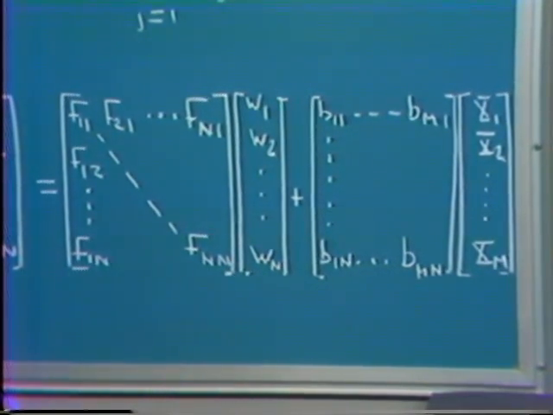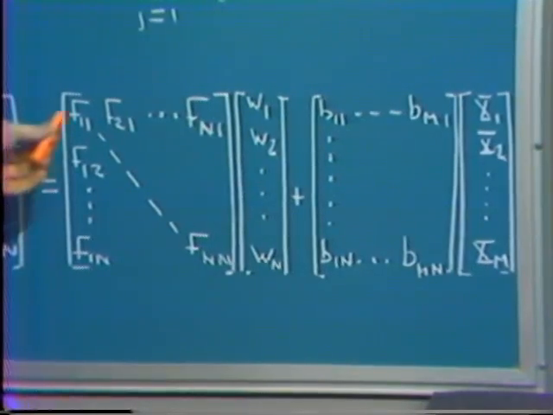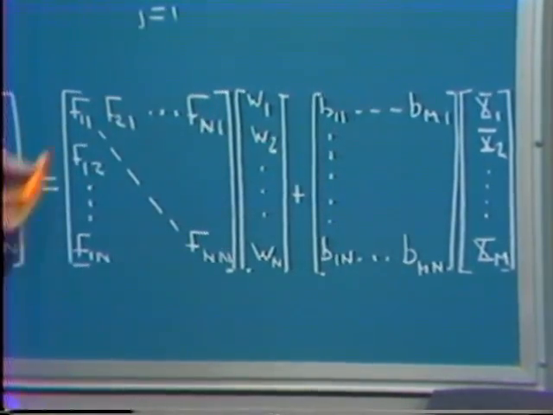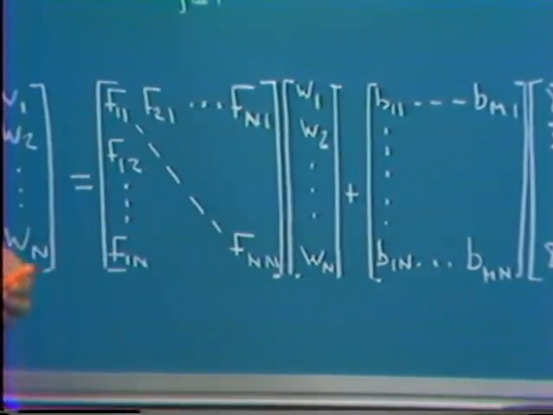And there's one peculiar thing that happens notationally here, which it's worthwhile to straighten out. It happens because of the way that we chose to write these equations, that the branch transmittance values come into the matrix as I've indicated here. So the first row, for example, contains F11, F21 through F sub n1.